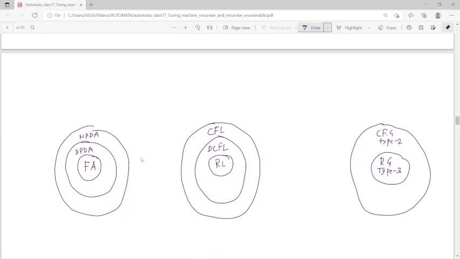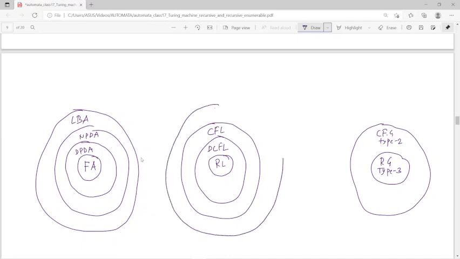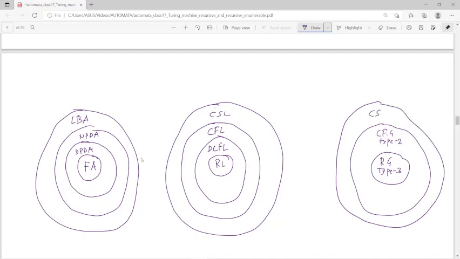And then you can say about the LBA, and the corresponding language, this is context sensitive language, and the corresponding grammar is nothing but context sensitive grammar.